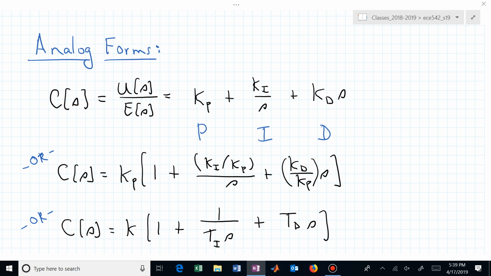So you have an integral time, T sub I, and a derivative time, T sub D. You might be designing your system by adjusting the overall gain of your controller and manipulating the integral time, T sub I, and the derivative time, T sub D. Again, you have three parameters that you're adjusting.